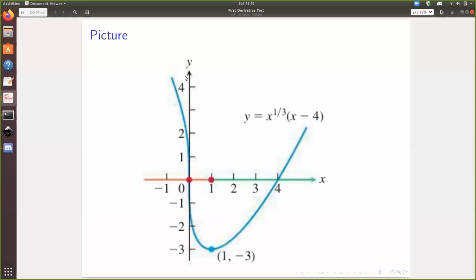And we'll see that right here with this picture. One thing to take note of is we have a slightly more interesting case going on here, where we have a critical point that is not a global max or min. If you recall, we did the derivative of x to the 1/3 with the limit definition, and we had problems because when we took the limit as x approached 0, it went vertical.